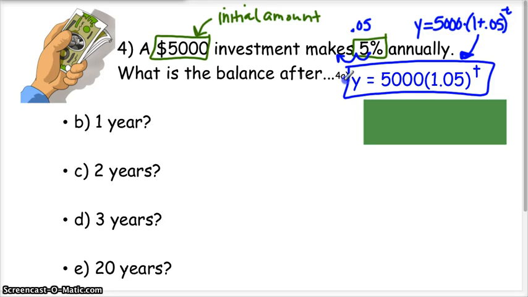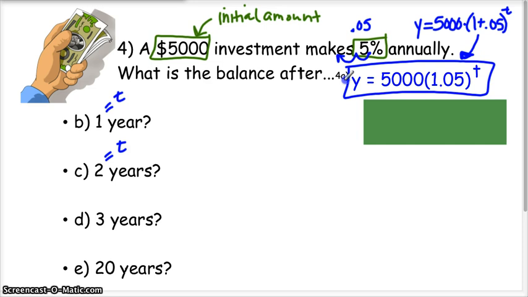Now for parts B, C, D, and E, we're going to use that equation to find our balance after a certain number of years. So for part B, I'm going to put 1 in for t and solve to find the amount I have in 1 year. For part C, I'm going to plug a 2 in for t into my equation and find the money after 2 years, and so on.